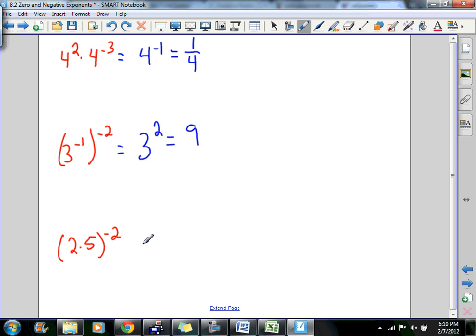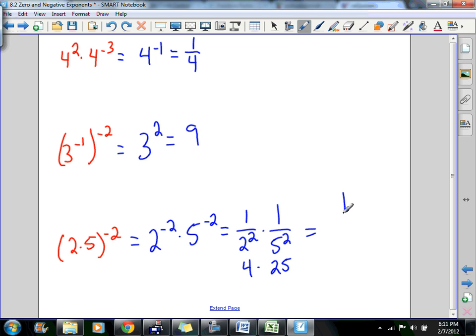And here we get 2 to the negative 2 times 5 to the negative 2, and that becomes 1 over 2 squared times 1 over 5 squared. This is 4, this is 25. 4 times 25 gives us 1 over 100.